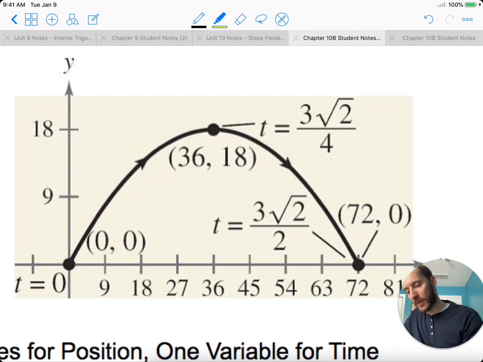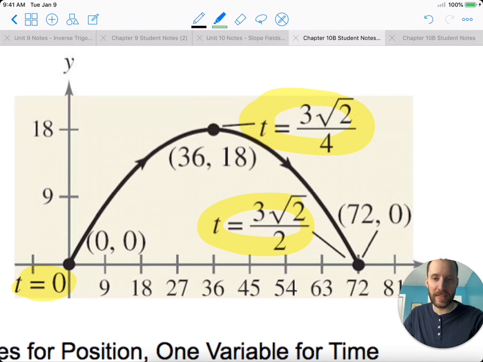But in this one, we have at time t, we're at the origin. At time t, we're at a maximum. At time t, we're back at the x-axis. Okay, so everything now turns to t, what's our horizontal and vertical, and then kind of compile those two together.